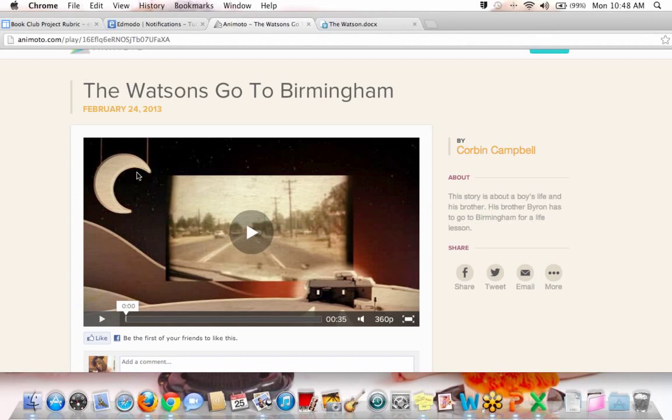And I have Corbin's answers. I asked him a couple questions about why he chose the images that he did, and he said that he thought that they really portrayed the characters well, and he thought that the setting was important. And I agree, the setting definitely was important to the story because of that civil rights era that we were dealing with. And down in the South, they had to deal with more things than they were dealing with up in Flint, Michigan.